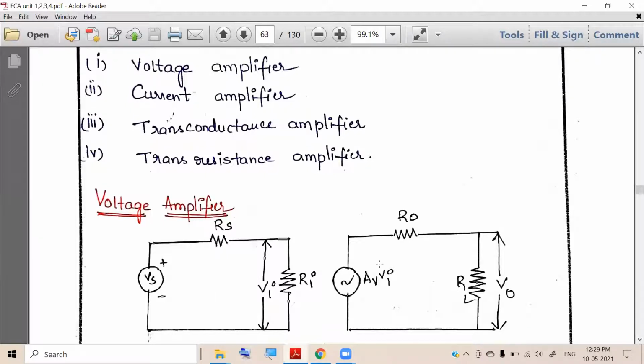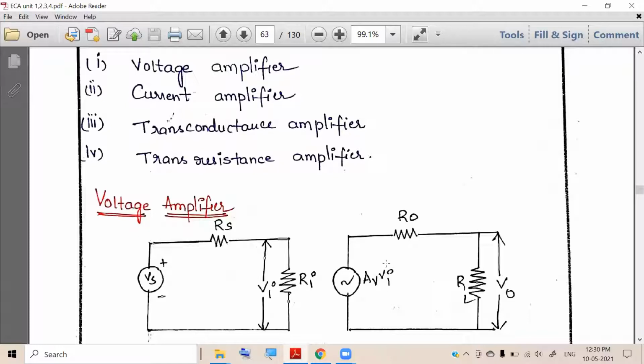Here we are representing it in terms of voltage gain, then output resistance R0. So we can represent an amplifier by these three components.